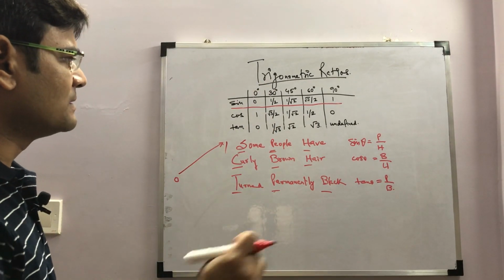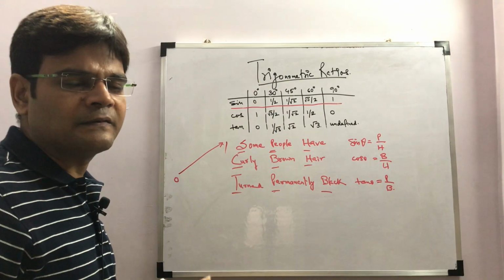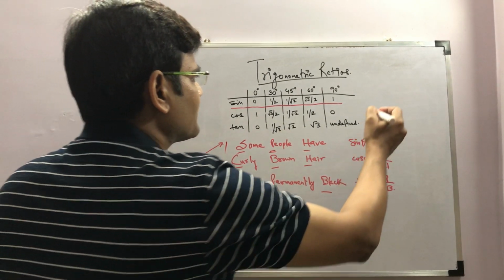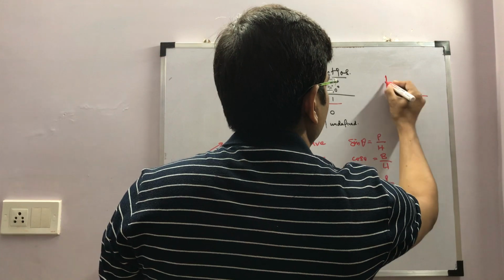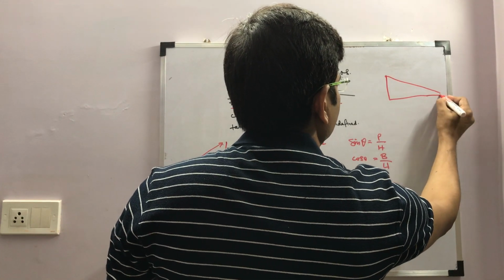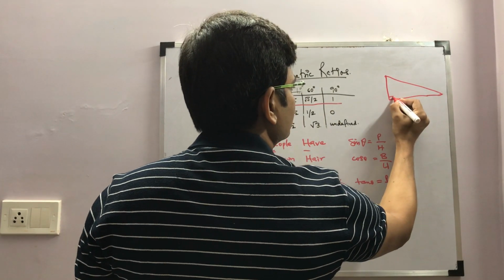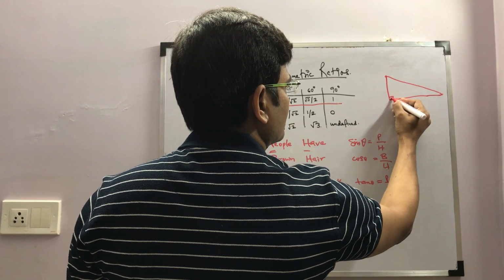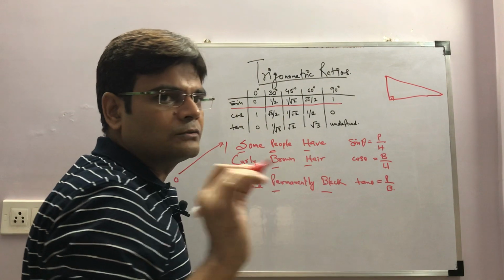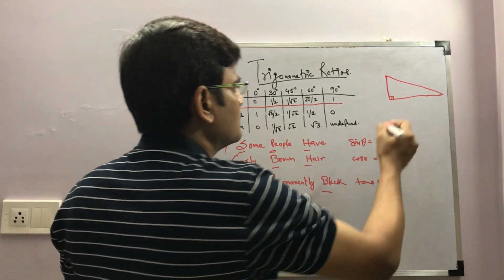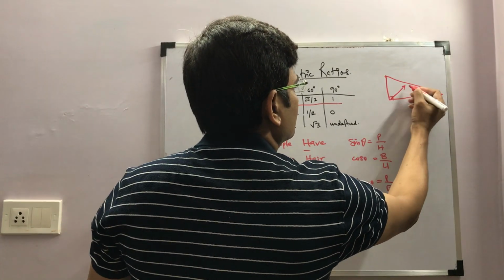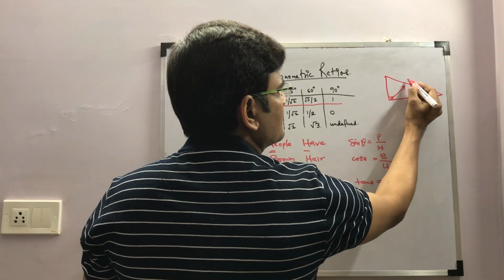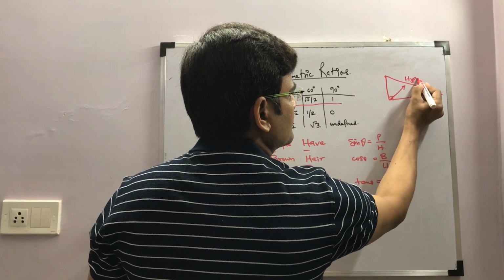A little more basics, I am going back. I have covered this in my previous videos, but still. First of all you decide the hypotenuse. Trigonometry applies only to right angle triangles. The side opposite to the 90 degree angle is the hypotenuse.